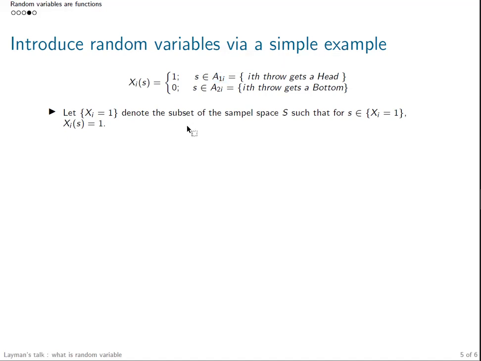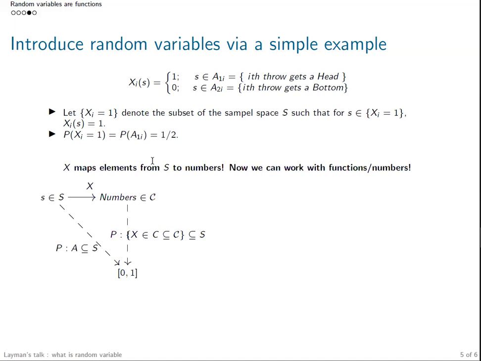Because it contains all the s such that Xi(s) would be equal to 1, which means this set would be equal to A1i. And easily we could assign the probability of such an event the value of the probability of event A1i, which is half.